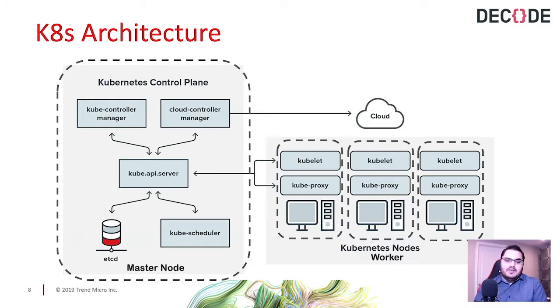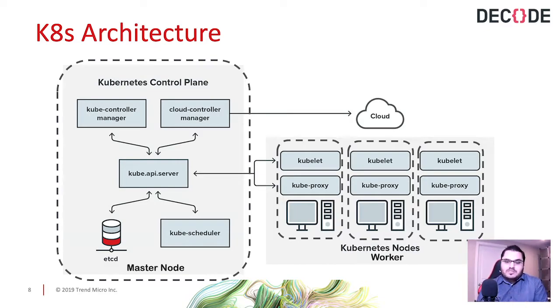And lastly, here we have the container runtime, which is the engine that creates and executes the containers requested by the kubelet, right? By default, the container runtime for Kubernetes is Docker, but you could use other container runtime engines such as Containerd or CRI-O.